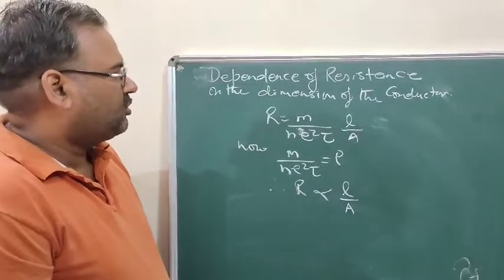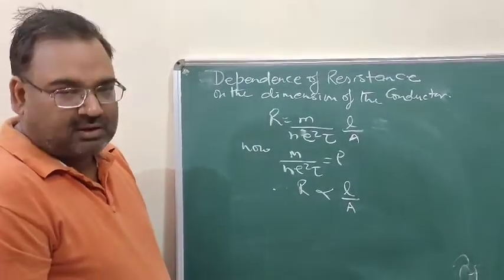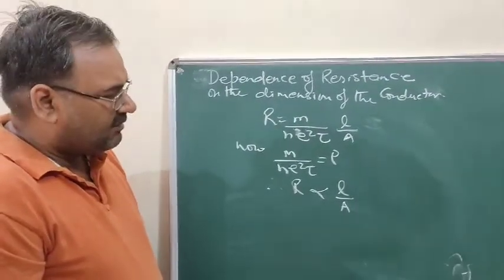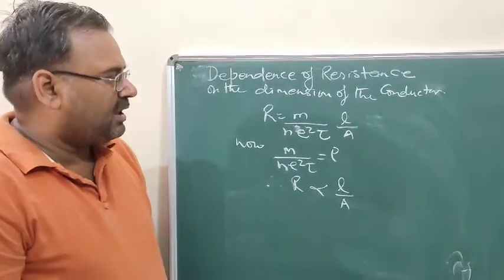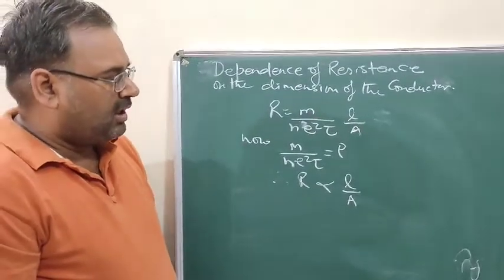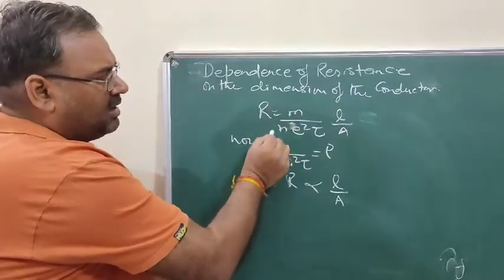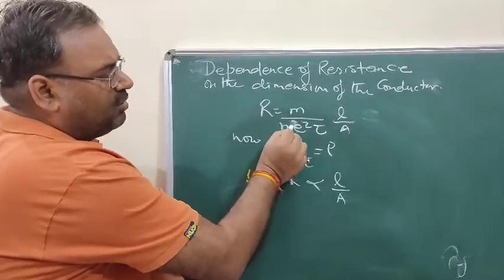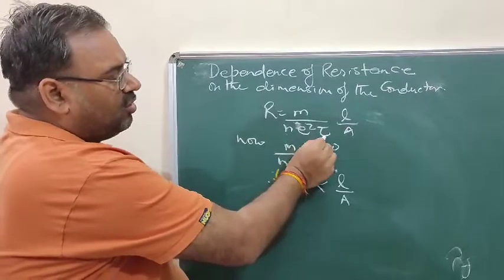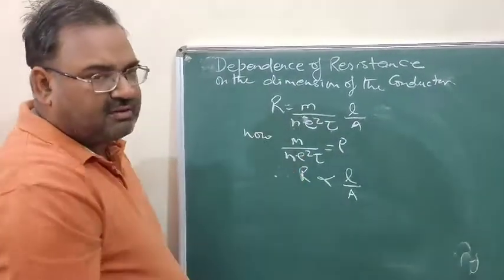Dependence of resistance on the dimensions of the conductor. Now we have resistance, given by the expression m upon n e square tau, l upon A. Here m is the mass of the charge, n the number of electrons, e the charge of the electron, tau the relaxation time, all of them are constant values.